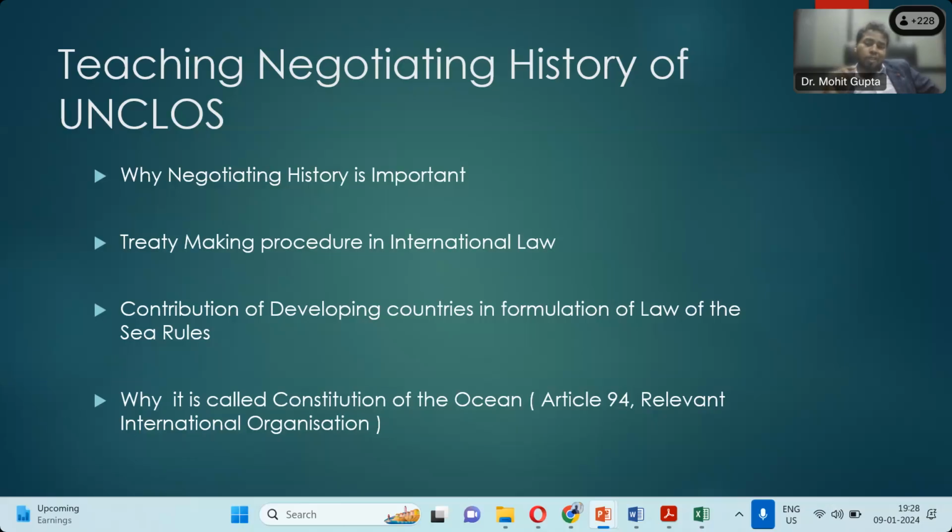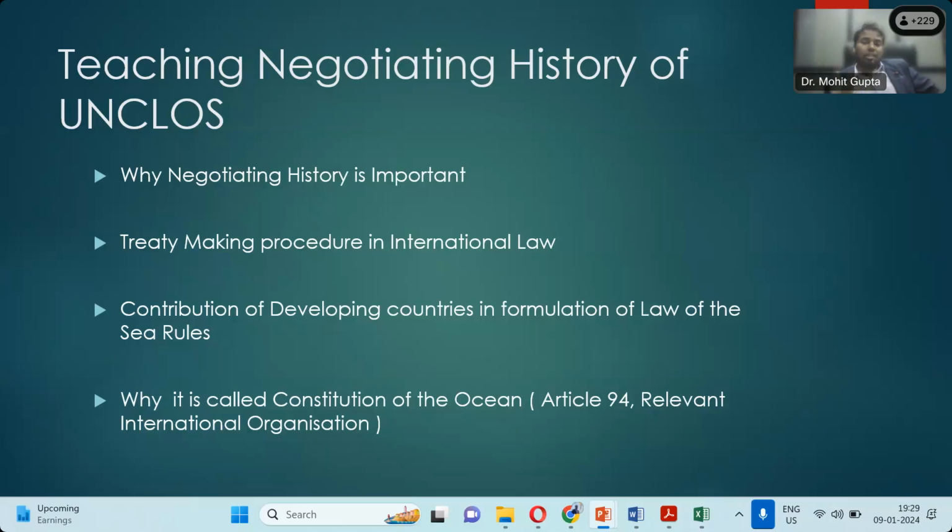Now, in order to further support this point and also to make a student understand the relevance of negotiating history, we can give them an example of the South China Sea Arbitration Award, because in that award, the tribunal was looking at the interpretation of Article 121 of the Law of the Sea Convention. But while interpreting Article 121, the tribunal looked at the negotiating history as well.